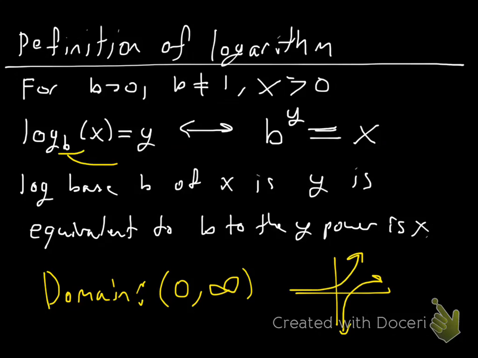Log base b of x is y is equivalent to b to the y power is x. Maybe you've got to say that a couple of times to get the hang of that.